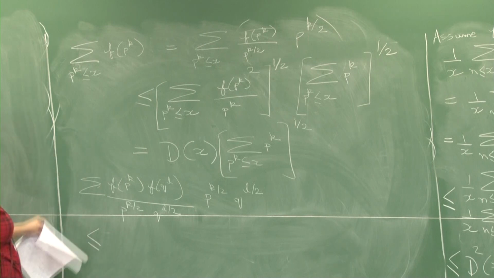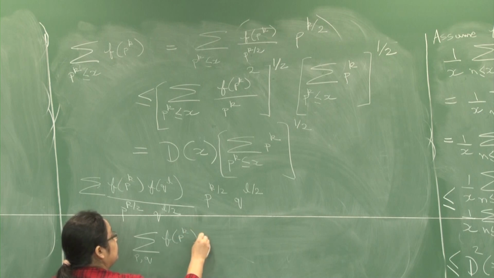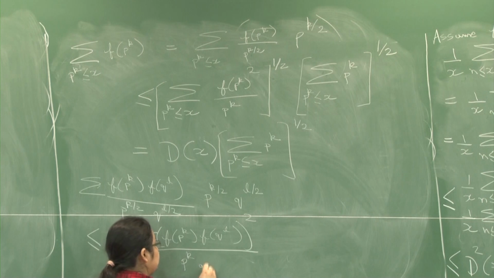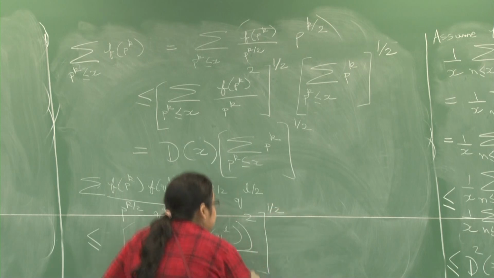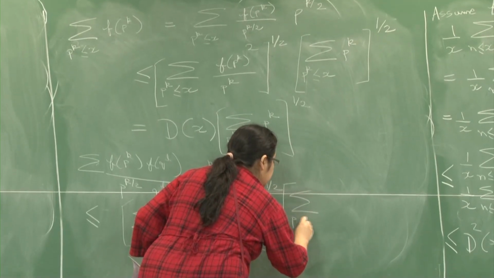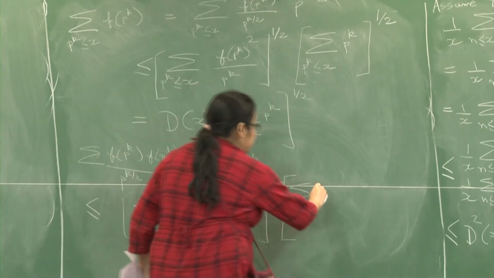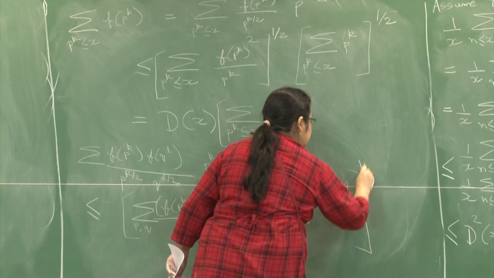This is less than or equal to summation f of p to the k, f of q to the L whole square over p to the k, q to the L, raised to the half, and then you have the other term, summation over appropriate pairs of primes p and q, p raised to the k, q raised to the L, the whole thing raised to the half.